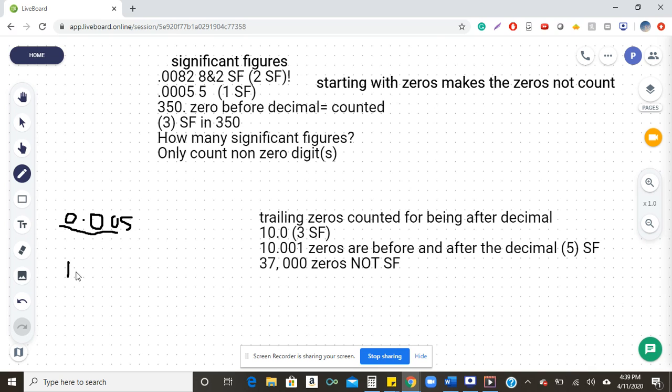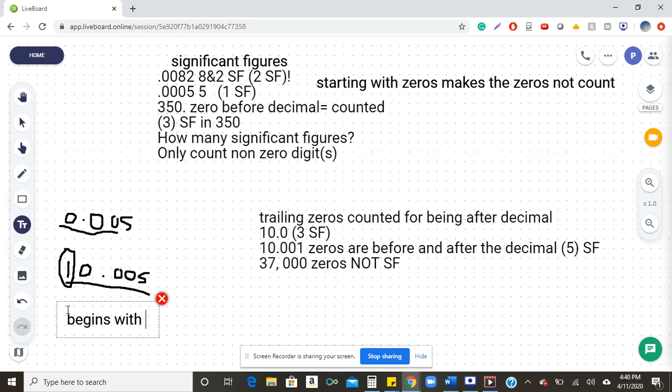But let's say we have a 1 and then a 0 and a decimal, 005. Then we are going to count the entire thing. Why? Because it begins with a non-zero digit. Let me just write that in. Begins with a non-zero digit, zeros count.